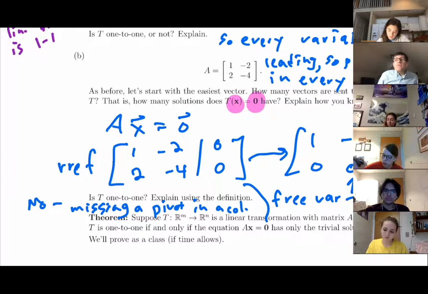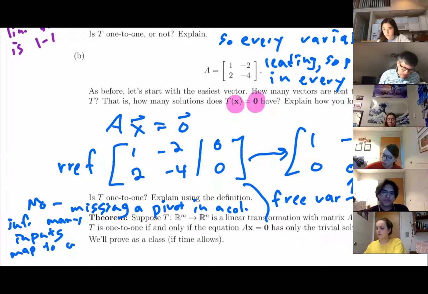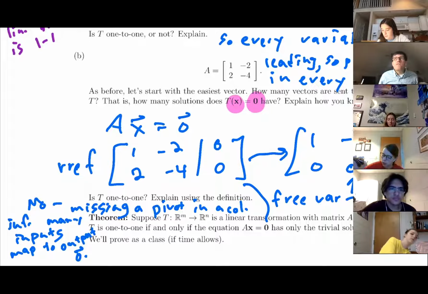The other way to think about it is that one-to-one says you cannot have two inputs mapping to the same output. Here, infinitely many inputs map to the same output 0. Okay?